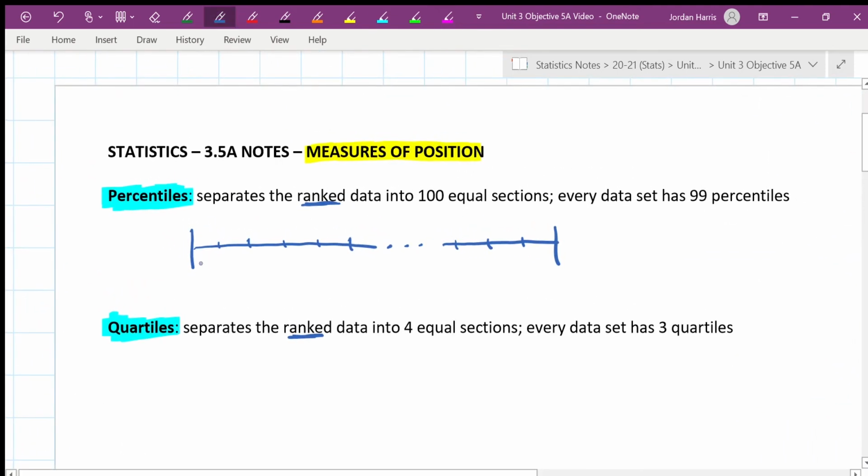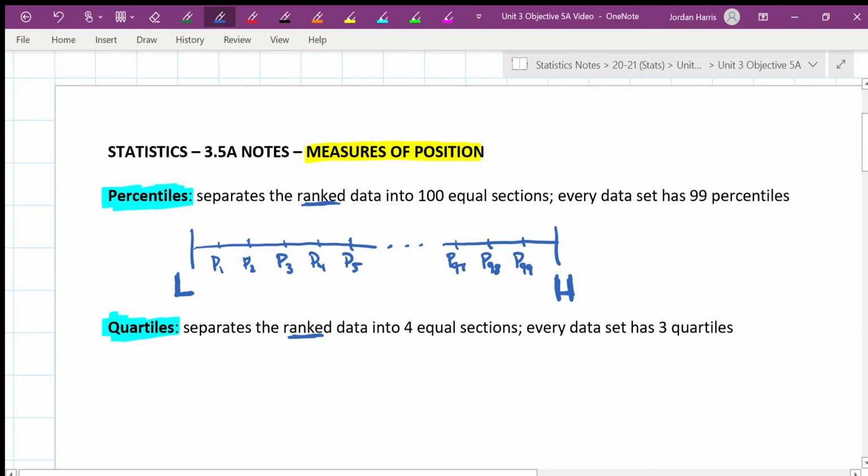I would start with my lowest number, that's the bottom end, and I'm going to end with my highest number, that's the top end. In between are going to be my percentile values. So we call this percentile 1, percentile 2, percentile 3, percentile 4, percentile 5, and so on until we get to percentile 97, percentile 98, and percentile 99.